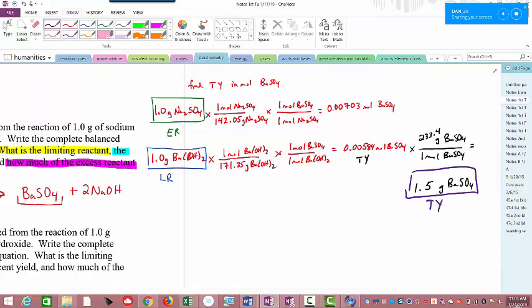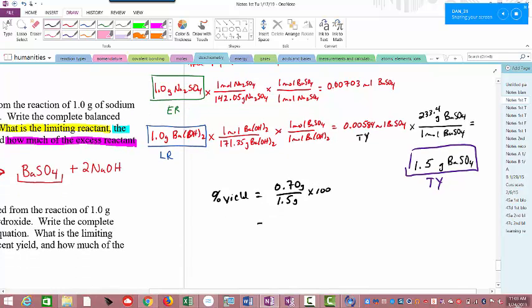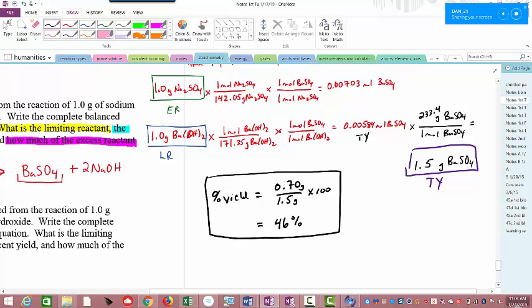So to find our percent yield, it's the 0.70 grams divided by 1.5 grams times 100, which is going to come in really close to 50%. What does it come out to be? 46.3, which is 46, because we only have 2 significant digits. Okay, so there's our percent yield.